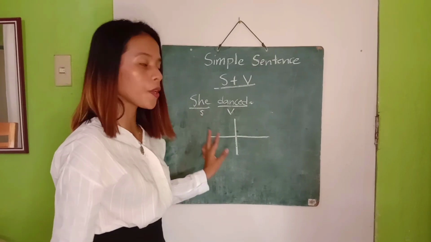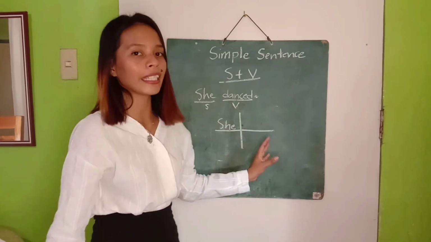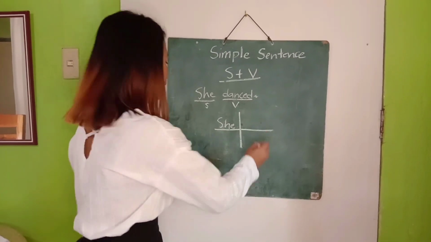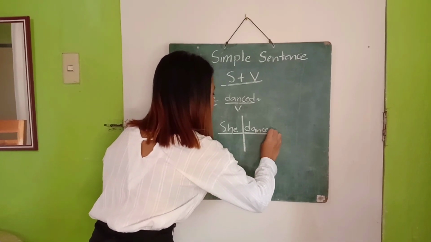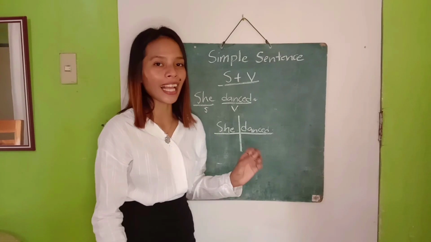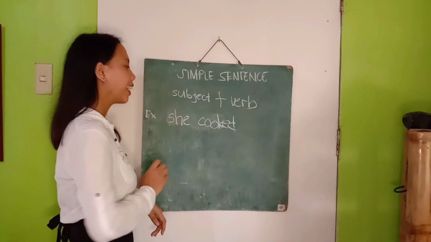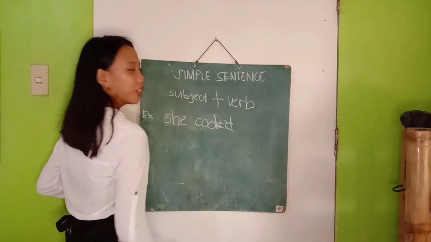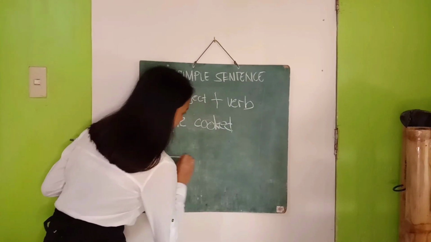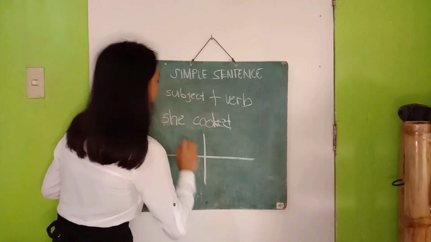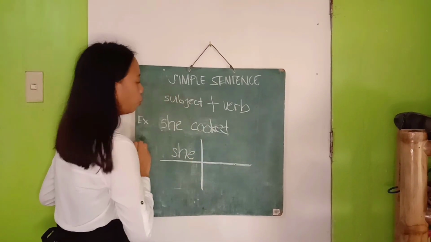We're going to put the subject on the left side, she, and on the right side is the verb, which is danced. And that's how we diagram a simple sentence, subject plus verb. Example, she cooked. To diagram this simple sentence, draw horizontal and vertical lines. She is the subject and cooked is the verb.